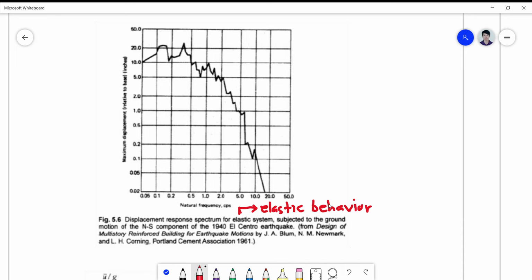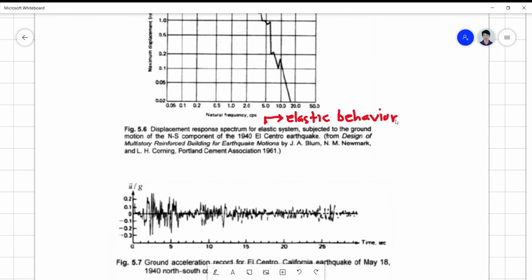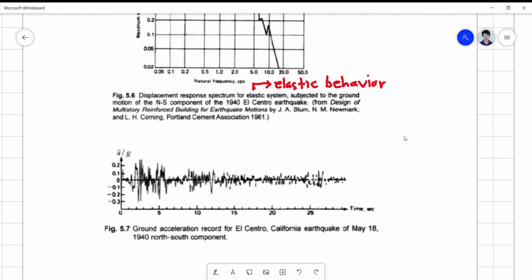Okay, so we also have an earthquake record of El Centro, May 18, 1940. The same, pareho rin pinagkunan sigurado nito. So this is again a graph of a spectral acceleration, normalized I think, with respect to time duration, no?